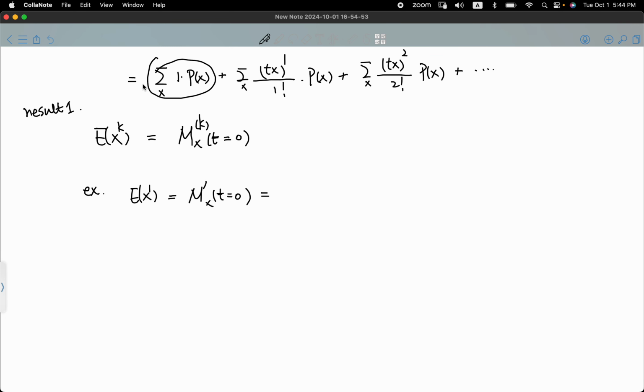You should get 0, right? Because it does not involve t. Yeah, okay. Then what about the second term? Let me circle this. When you take the derivative with respect to t, what do you get here?